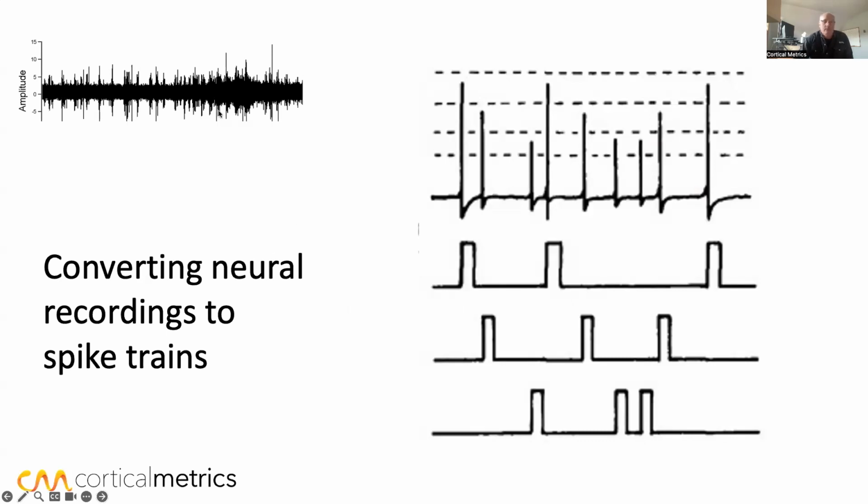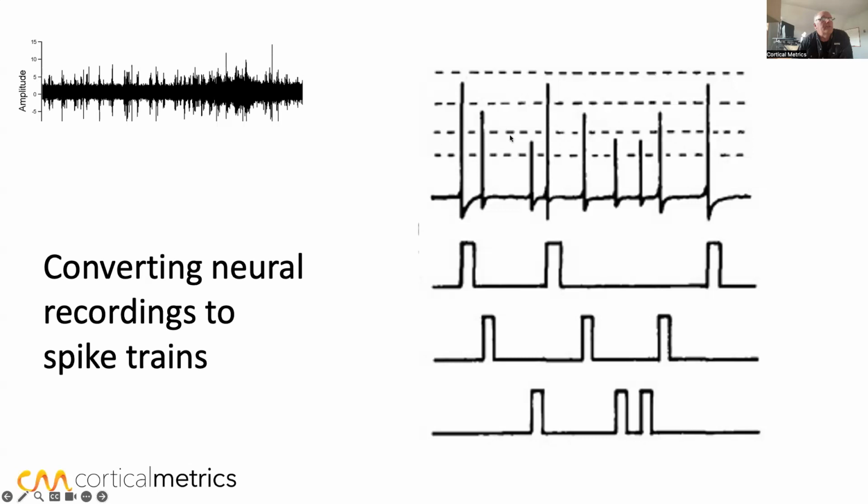It turns out that all neurons, the cells in the brain, fire, and when they fire, they have a specific size or shape. They're very unique. What we do is we just want to say, when does this particular neuron fire? In this case, we've got 3 different size units on this picture.